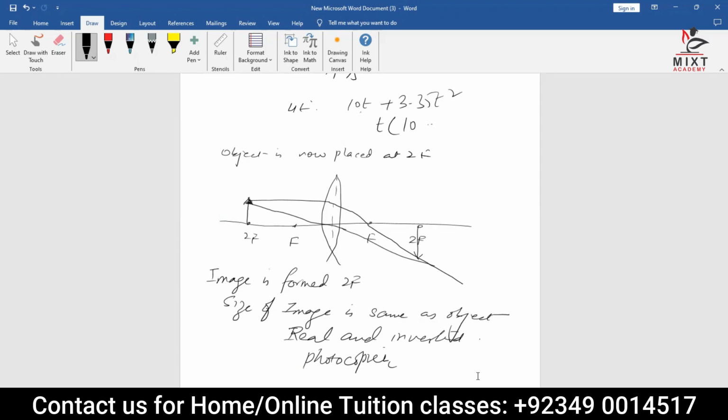But if you yourself go with a camera and try to take the object, it will look bigger and bigger, and if you're very close, it will be bigger than the object size. I'm not talking about whether the image is bigger or not. I'm saying if you compare the image size with the object size, will it be bigger or smaller?